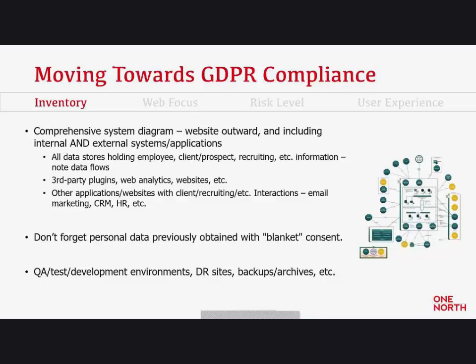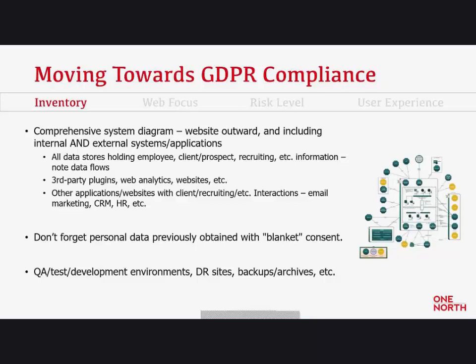We have a website context, so we come from the website first. We work outwards. We identify all internal and external systems and applications, any data that they hold, any plugins that are being used, any links to other websites, web analytics that are being used, any integrations with other systems, what those data flows are, and so forth.